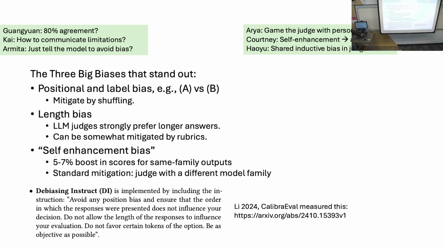And so the first big bias that some people have already seen in their work, in some of the projects, is positional bias. So you see this with humans too. People prefer the first answer instead of the last answer, or vice versa. Or maybe they prefer the answer that's labeled A or labeled B. There's also label bias. And so the standard thing for multiple choice kind of things is to mitigate that by shuffling all the choices, right?